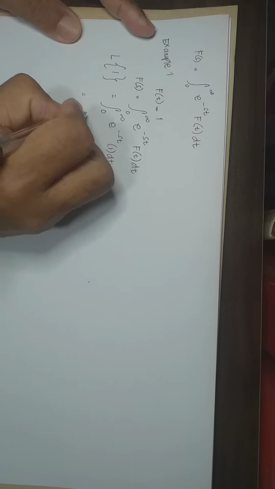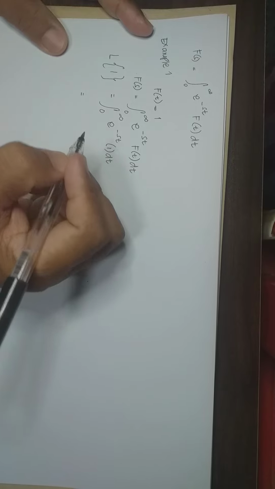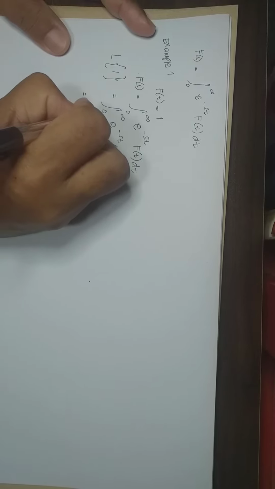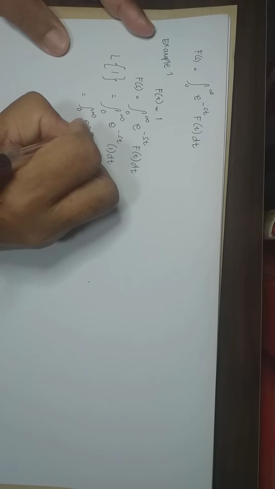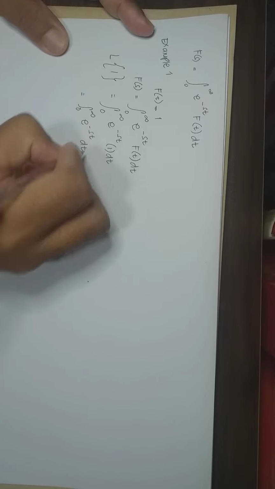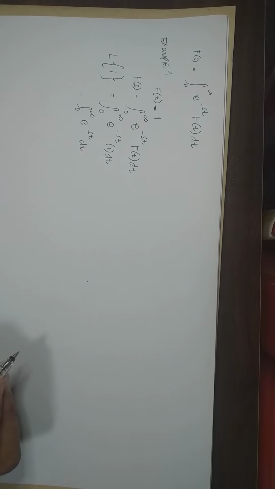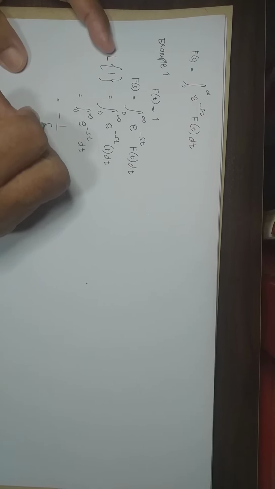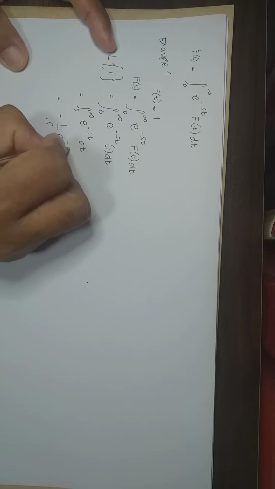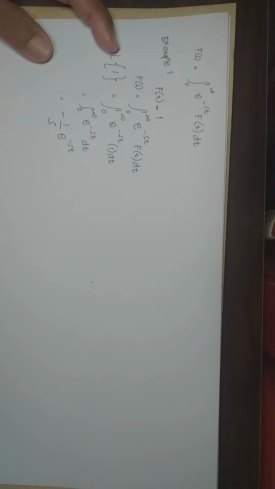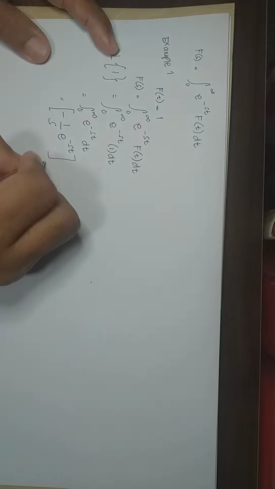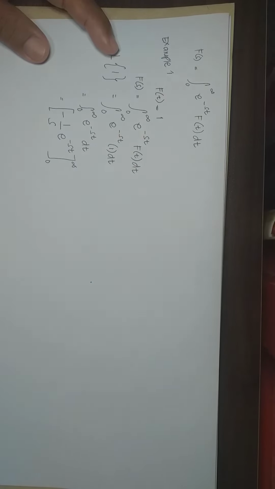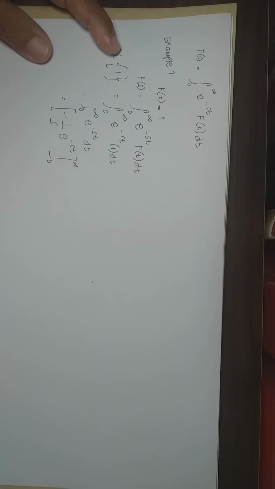So we now have the integral from 0 to infinity of e to the negative st dt. So what is the integral of e to the negative st dt? We have negative 1 over s of e to the negative st, from 0 to infinity.